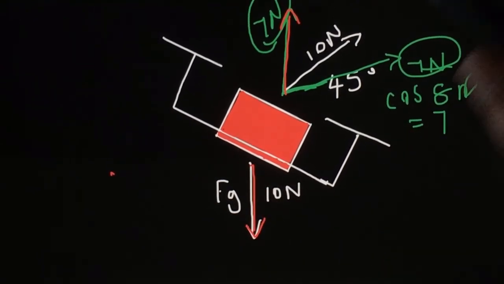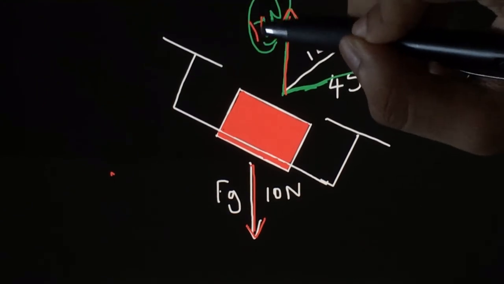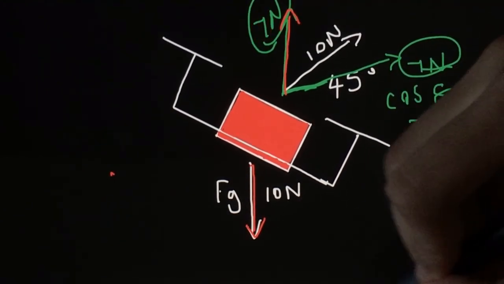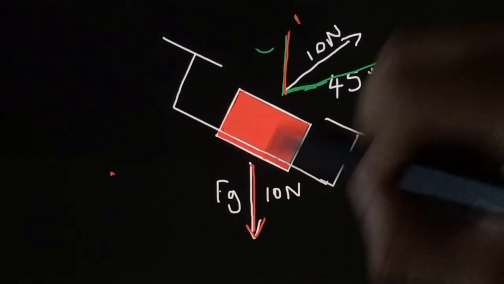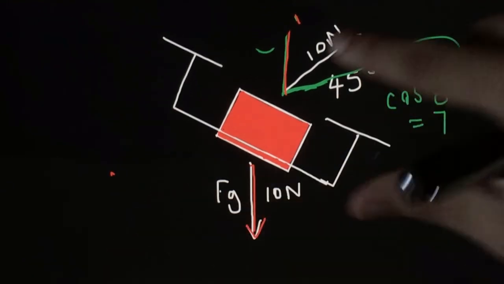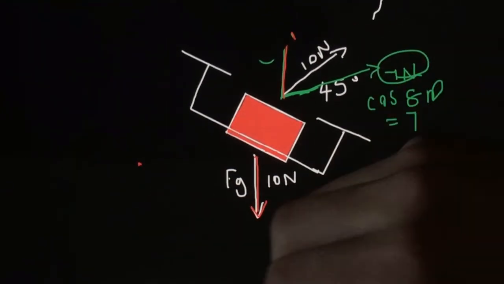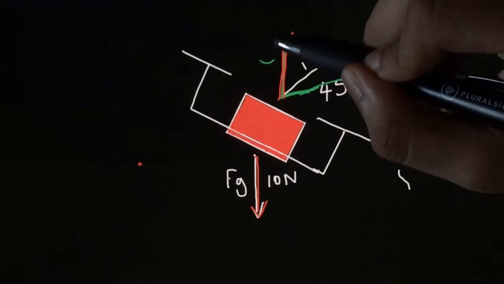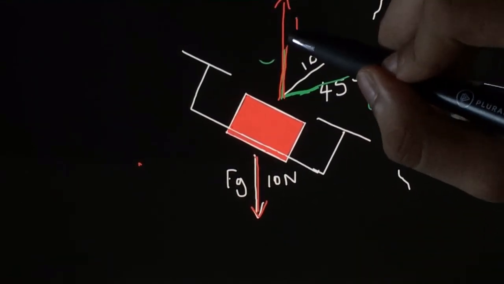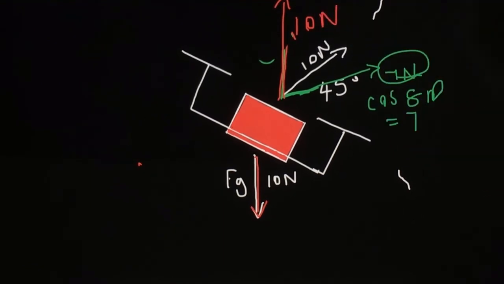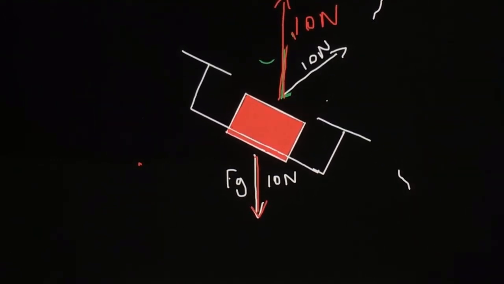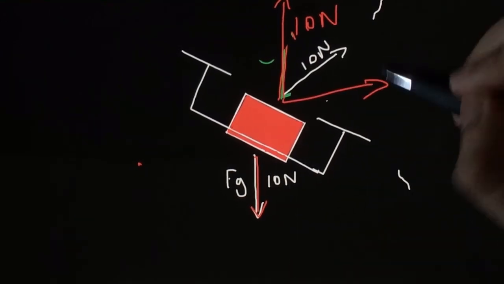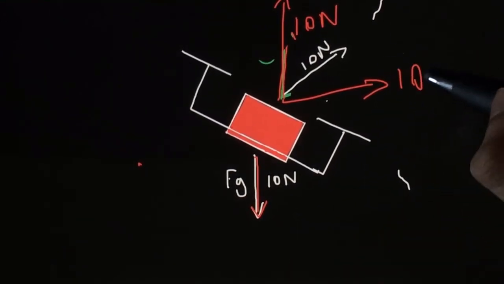So we need it to be 10 instead. What do we have to do? We have to do a little more math. We have to extend it up and make it 10 newtons. So then it's stable. And then we also need 10 newtons here.